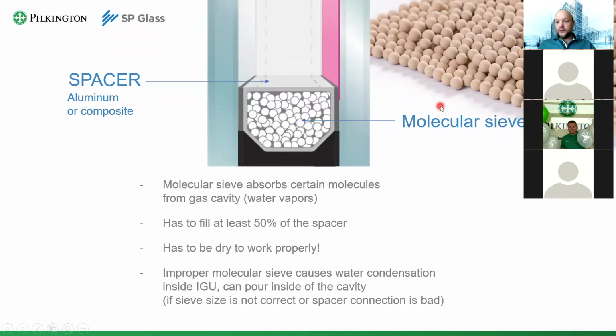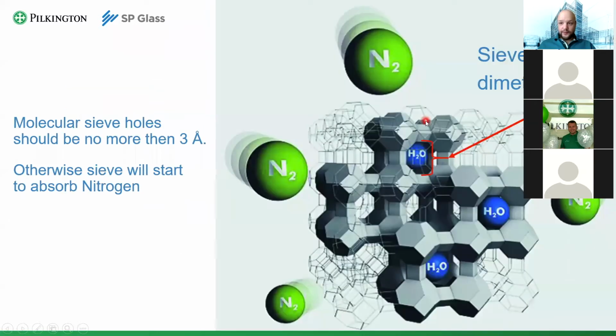If we imagine that we are a molecule of any gas, and we are looking at this big round piece of molecular sieve, then we will see something like a giant moon. All of its surface is covered with holes, and inside this huge moon, there is a huge labyrinth.